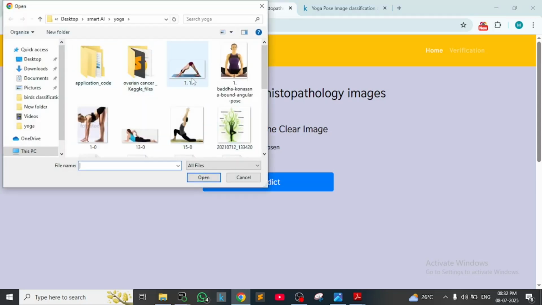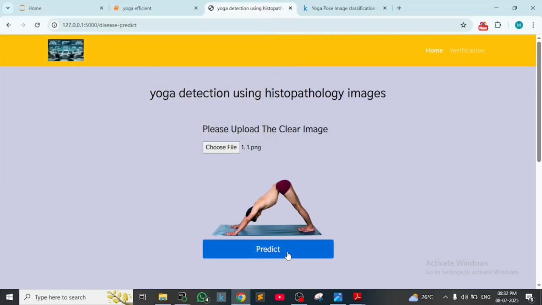Take any one image. First one, let's see which pose this is. Predict. It will predict the pose.